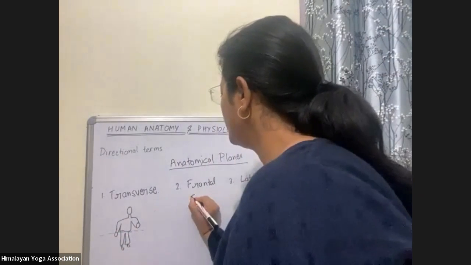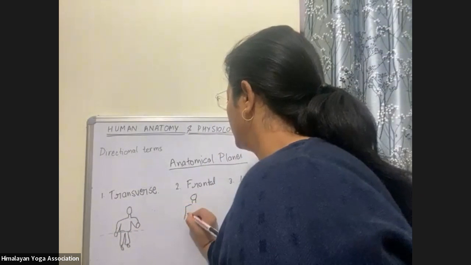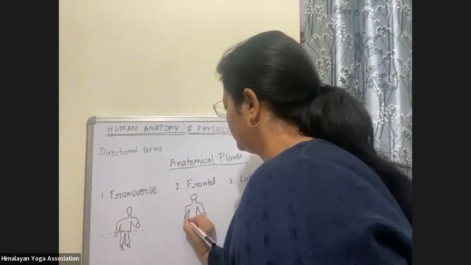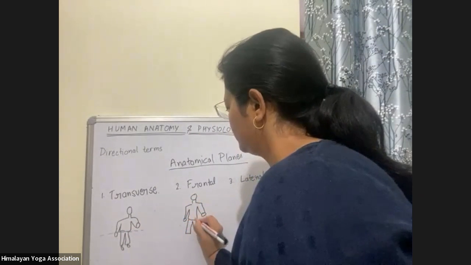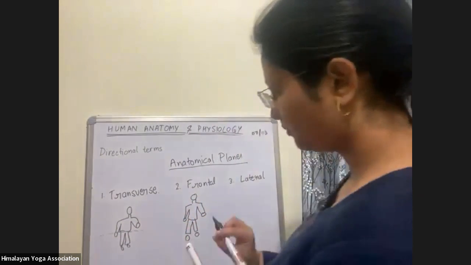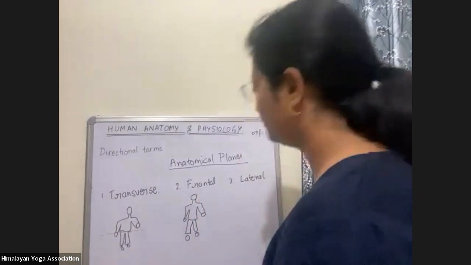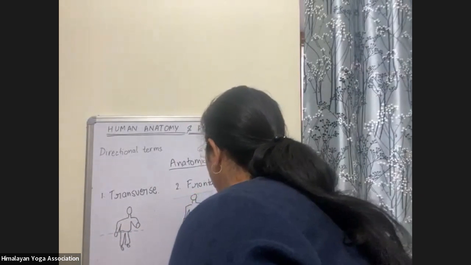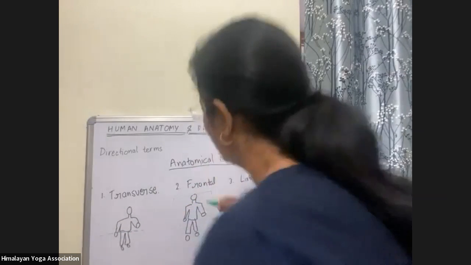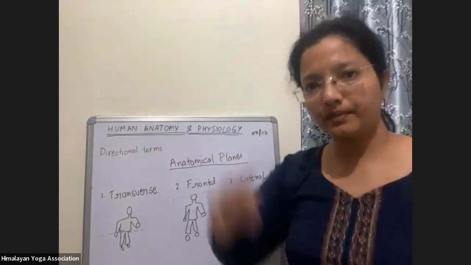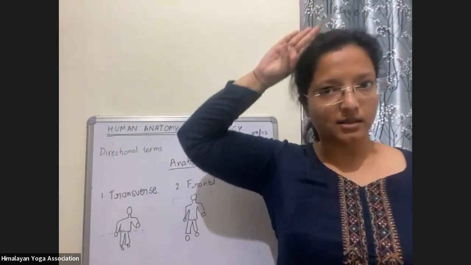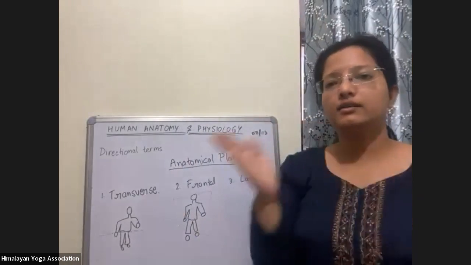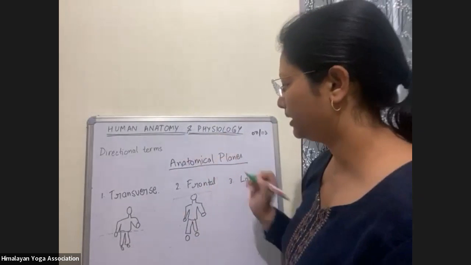And what is frontal? Frontal is if you cut a body in the frontal plane like this. If you cut it like this, the front and the back are separated. So that's called the frontal plane.